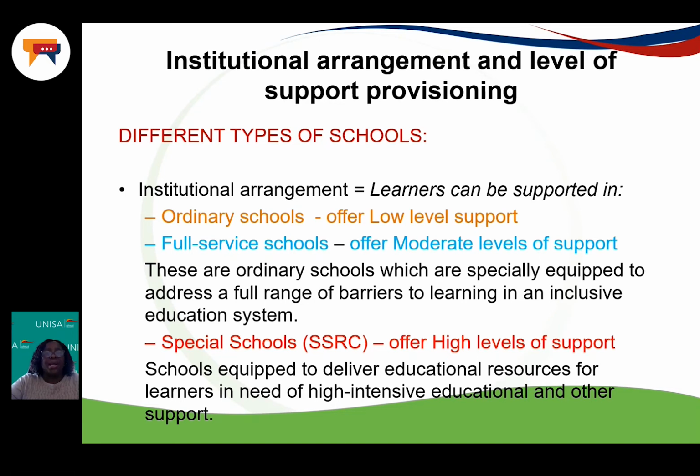We have what we call institutional arrangement, where learners can be supported in ordinary schools. Learners supported in ordinary schools are offered low-level support, whereas learners supported in full-service inclusive schools are offered moderate levels of support.